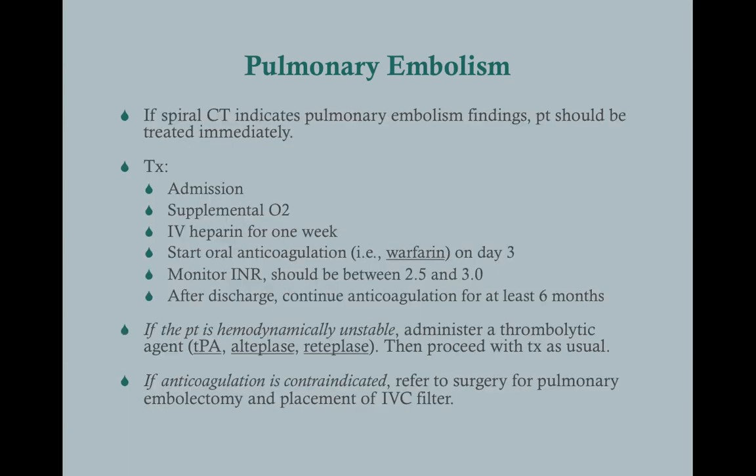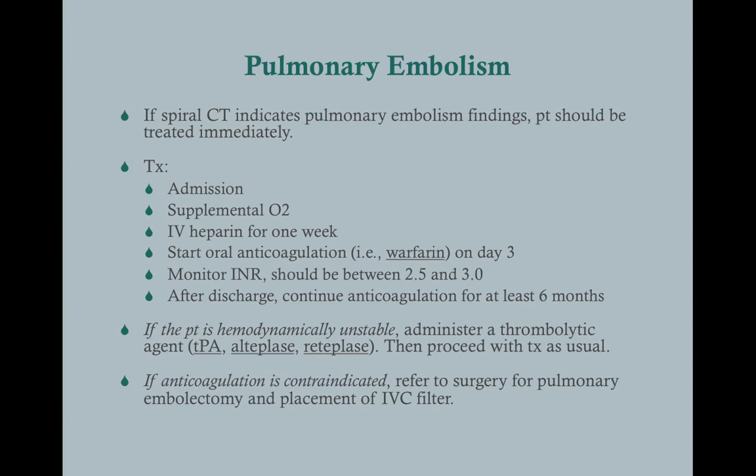So if the spiral CT does indeed indicate pulmonary embolism, then the patient, of course, should be treated immediately. Generally, though, we're already treating them with the low molecular weight heparin or unfractionated heparin prior to the diagnosis. All of these patients with PE will need to be admitted, and of course supplemental oxygen is useful, but again, that's something that generally the nurse is going to have the patient already on.